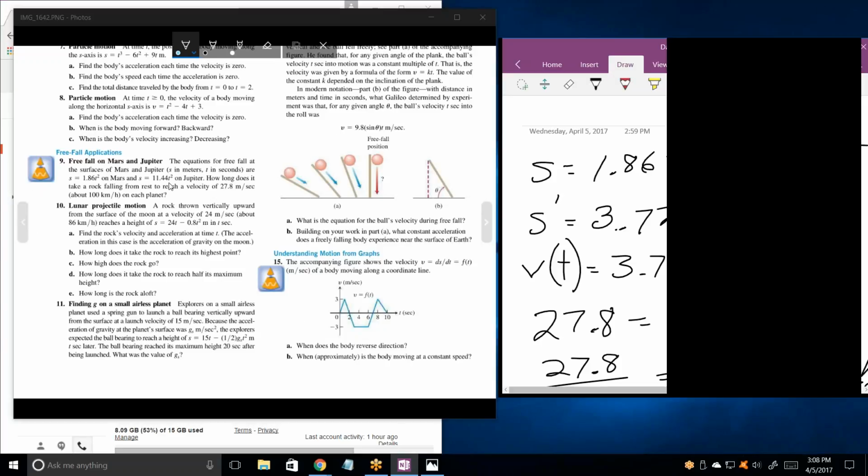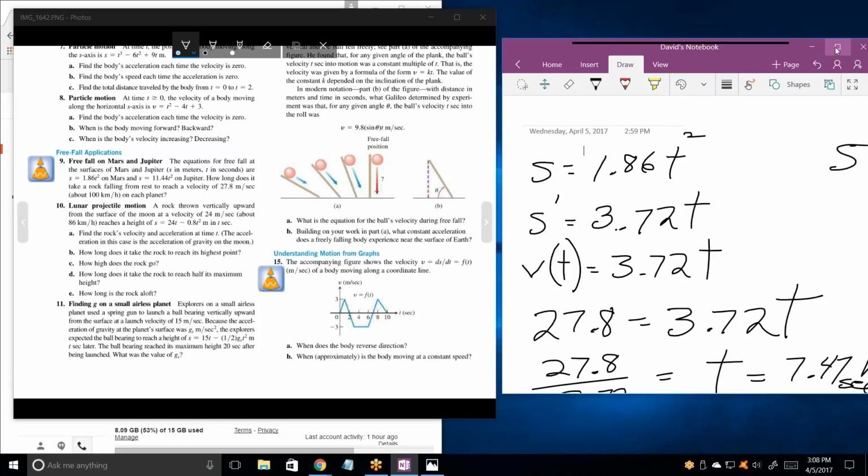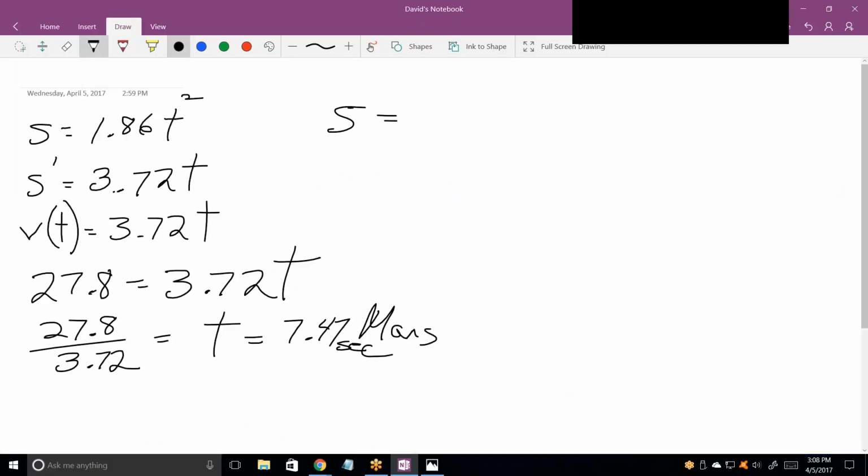It has a position function on Jupiter that is 11.44 t squared. Now, hold on a minute. 11.44 t squared. So what is the velocity function on Jupiter?